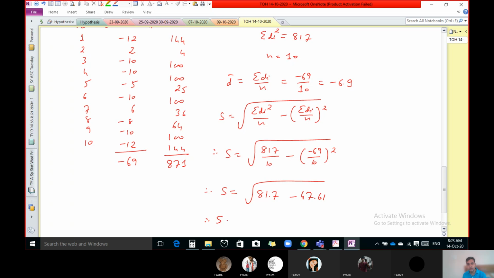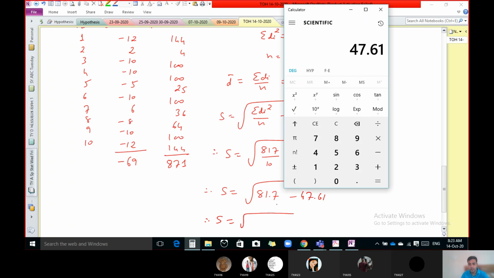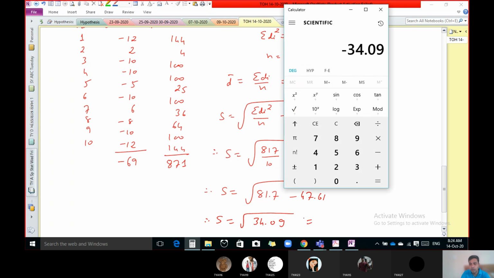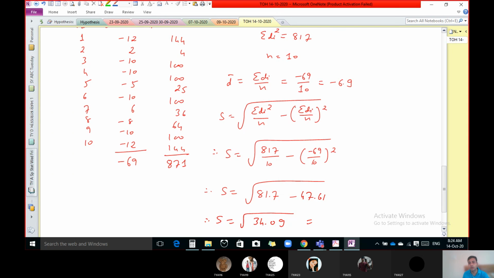Subtract these two. 34.09. Take its root. 34.09 and its root is 5.84.